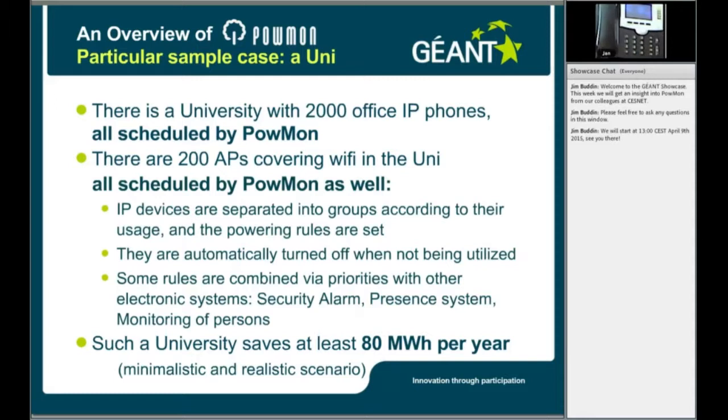If you count that all together, it can make savings of at least about 80 megawatt hours per year, which is definitely countable. And we always considered only a minimalistic and realistic scenario, when turning off these devices would be at the time when nobody needs them.